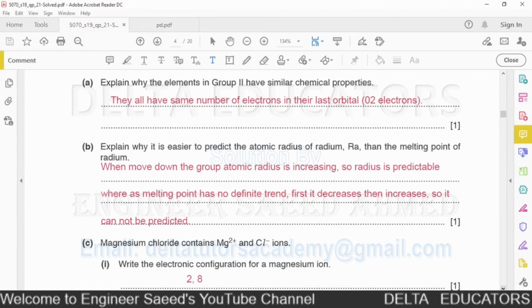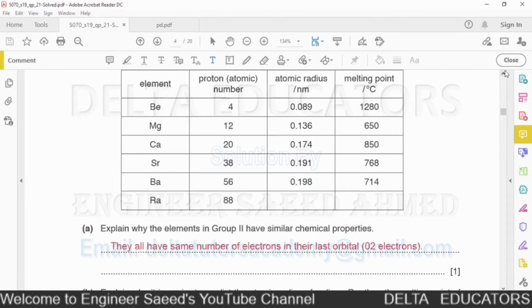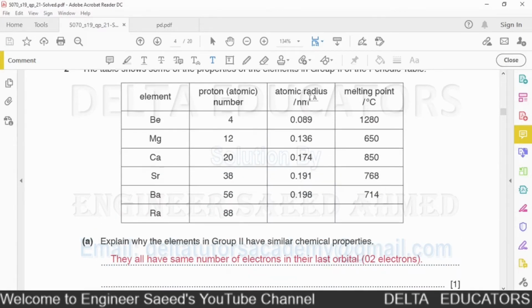Part B. Explain why it is easier to predict the atomic radius of radium than the melting point of radium. Atomic radius: when we move from beryllium towards radium, we see that the atomic radius is gradually increasing. So here we can predict the atomic radius of radium, it will be more than the atomic radius of barium.